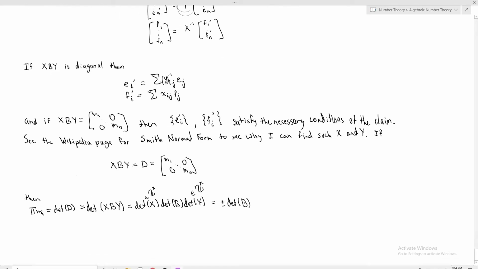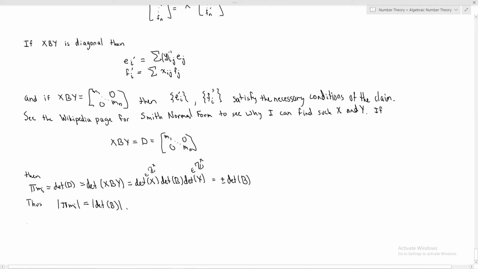Thus the absolute value of the product of these m_i's is equal to the absolute value of the determinant of B. Okay, so I claim now that this product of the m_i's is also equal to the desired index.